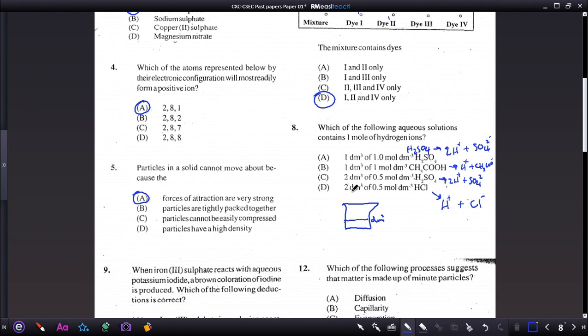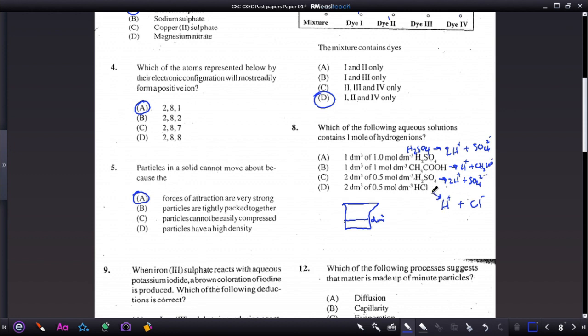For C, it is again 2 dm cube in the beaker and 0.5 moles of sulfuric acid, which dissociates into 2 moles of H+ and 1 mole of the sulfate ion.